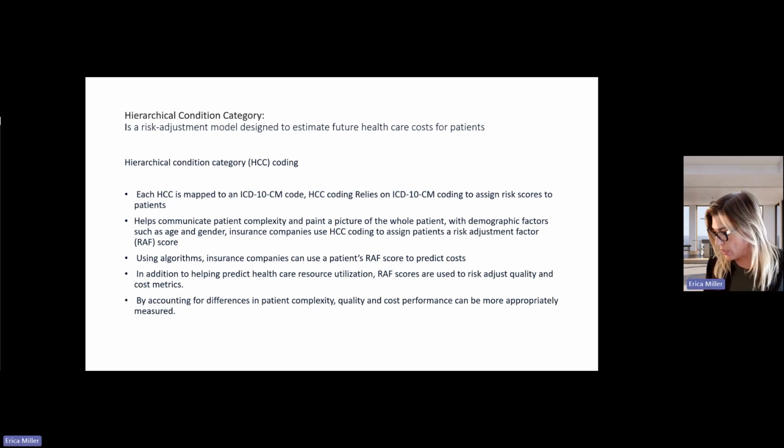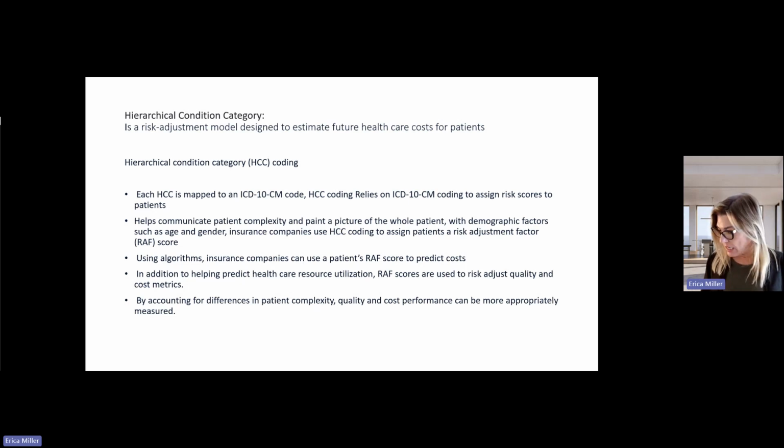You've got 5 on the left-hand side, and you'll see the hierarchical condition category. It kind of looks like a little purple pill. I'm just going to read the description of this straight out of your book, and then we'll start breaking it down.